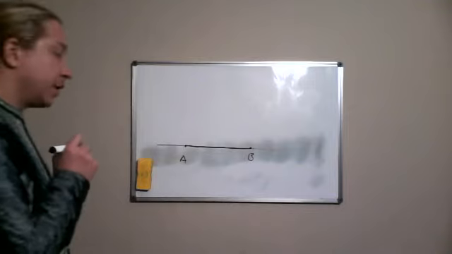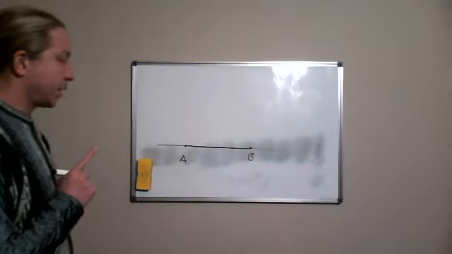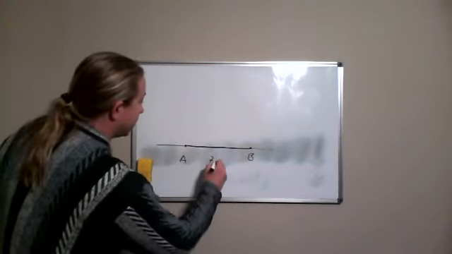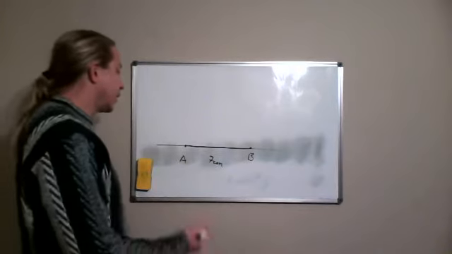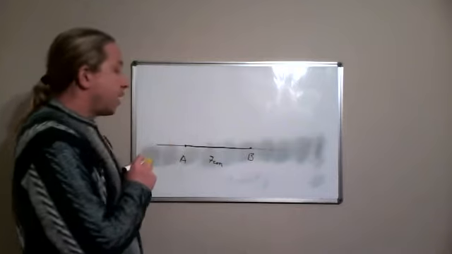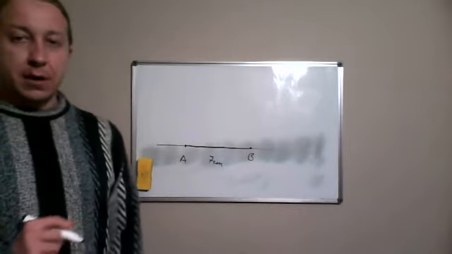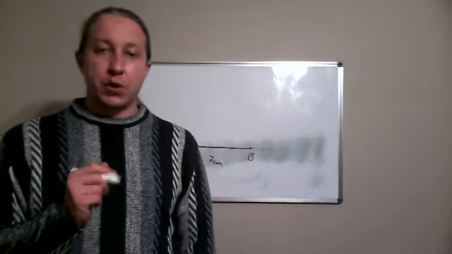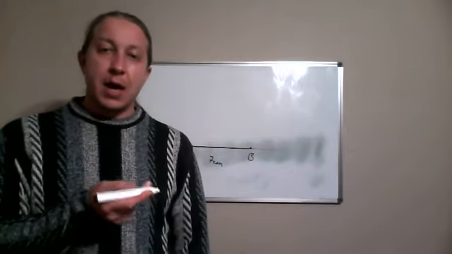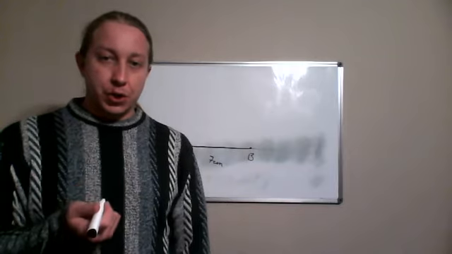Okay, so there's my line AB. Okay, we know it's 7 centimeters, or you can make it 5 or 6, up to you, but I think 7 will work. Right, so remember, equilateral triangle means the sides are all equal and all the angles will be equal. So 180 degrees divided by 3 gives us an angle of 60, which is what we want.